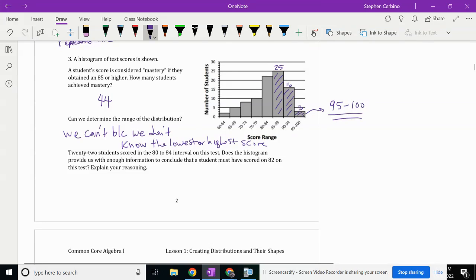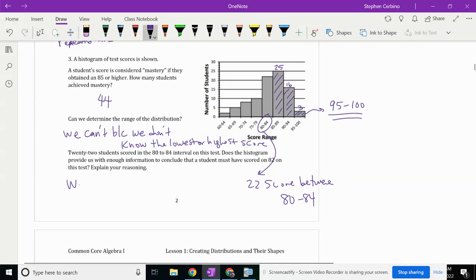The last question here says 22 students scored from 80 to 84 on this test. Does the histogram provide us enough information to conclude that a student must have scored an 82 on this test? Explain your reasoning. So because there are 22 scores between 80 and 84, I'm going to assume at least one of them is an 82, but I don't know for sure, right?